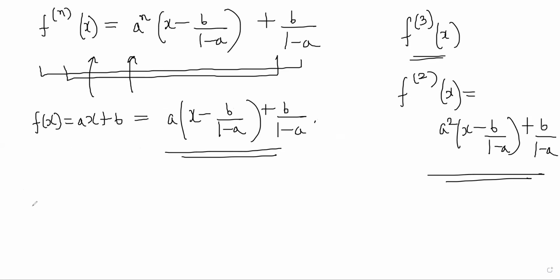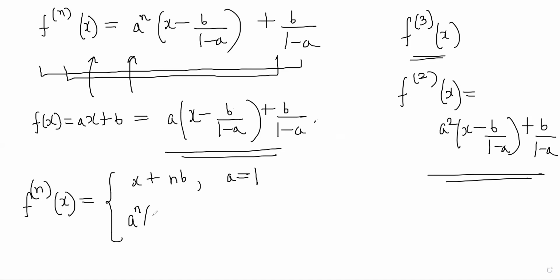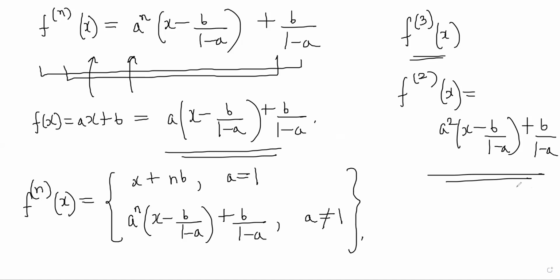So overall, in general, what I can say is f of n of x is equal to x plus nb if a was equal to 1, and a power n times x minus b by 1 minus a plus b by 1 minus a if a is not equal to 1. So that is my nth iteration, or composition of function f taken n times, for a linear function.